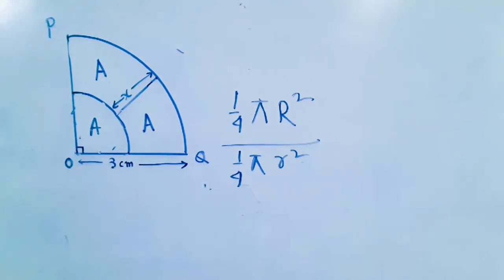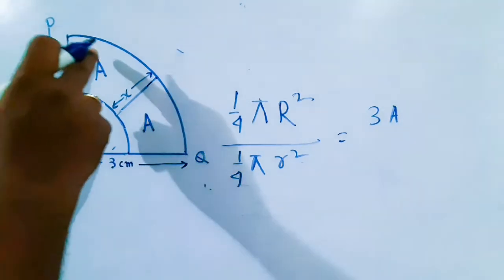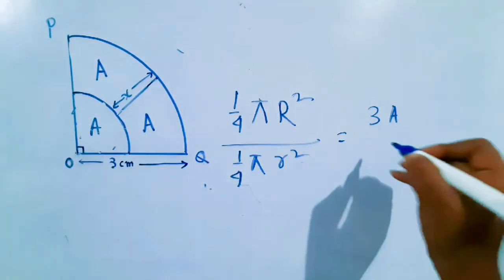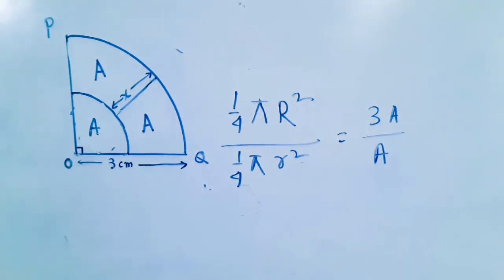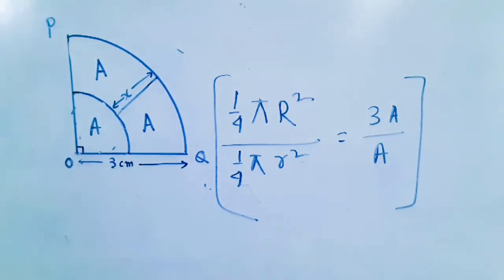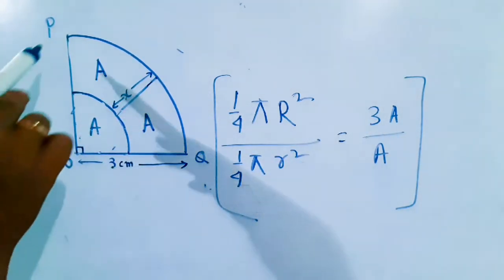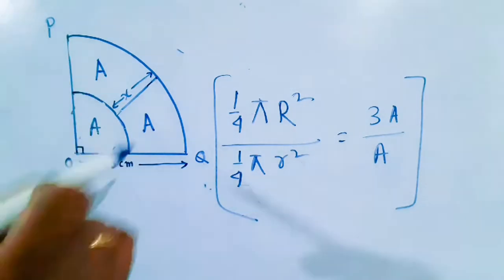So the area of bigger portion, the area of small portion, it's clear. Bigger area 3a, look 3a, and the small part is 1a. Very simple. If this equation is clear, then the problem will be solved within 30 seconds. Once again, total area bigger portion 3a, smaller portion a. Bigger portion is 1/4 of the big circle.